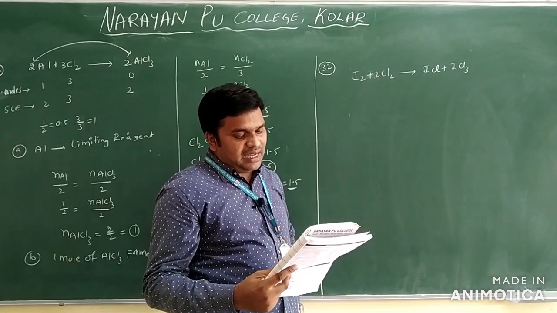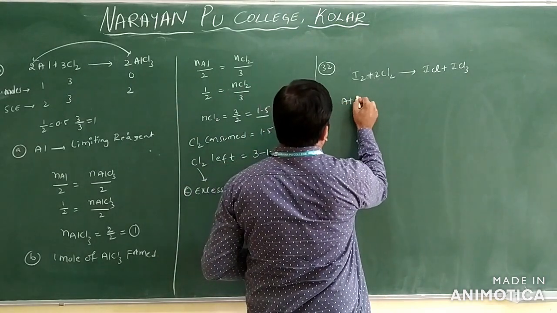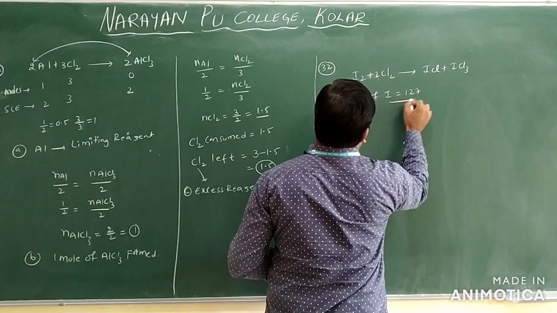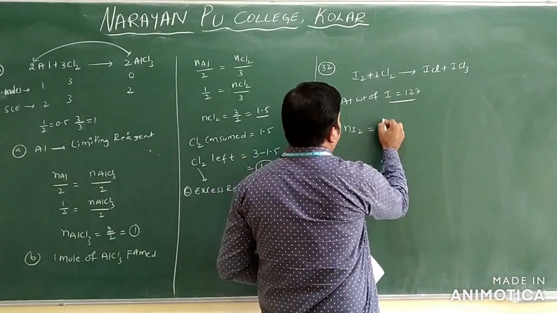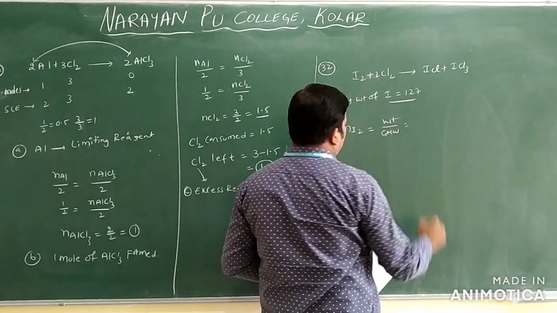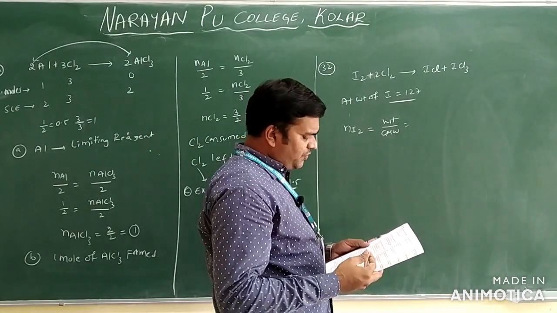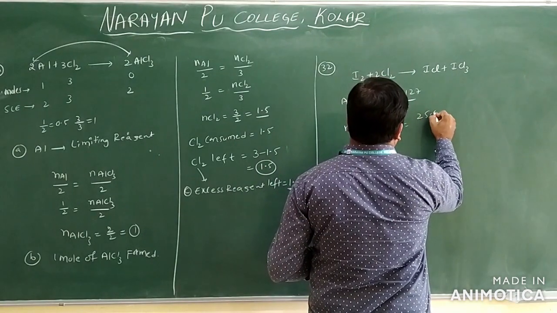They have given the weights of iodine and chlorine. But what is the atomic weight of iodine? The atomic weight of iodine is 127. I want to find the number of moles of I2, which is equal to weight divided by gram molecular weight. The weight of iodine given is 25.4.